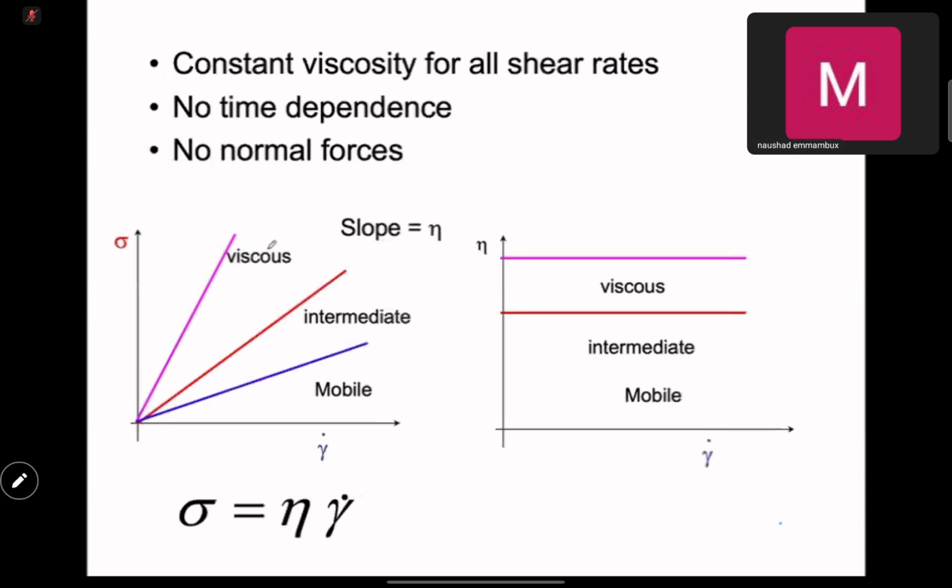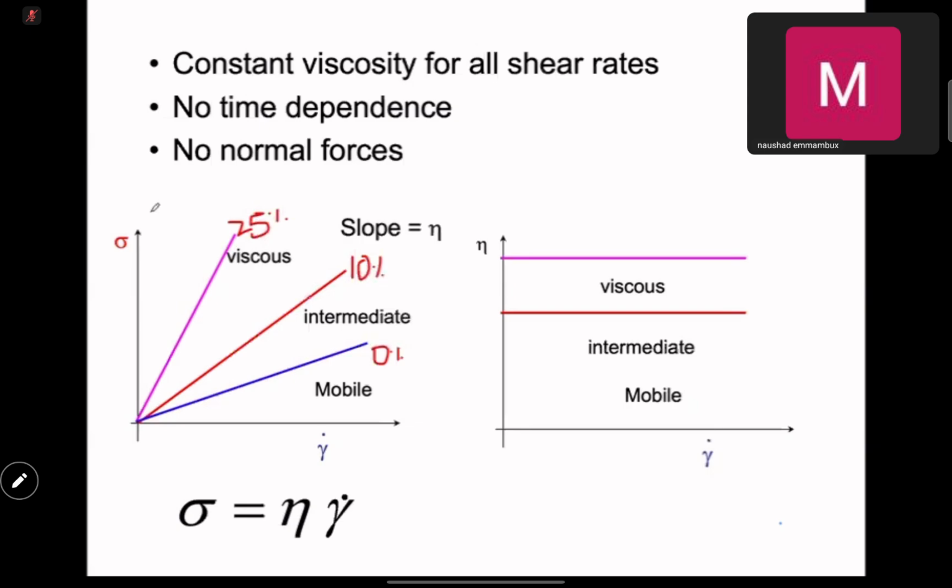For example, think about water, a sugar solution at 10%, and a sugar solution at 25%. This is the 25% sugar solution, this is the 10% sugar solution, and this is just water, which is 0%. What I'm trying to show is that you need more force to turn the more viscous one.